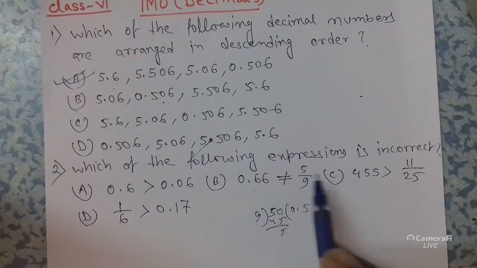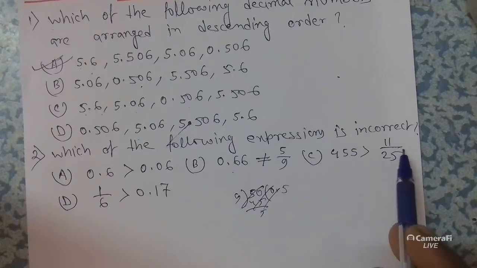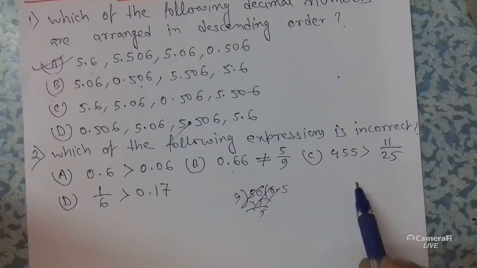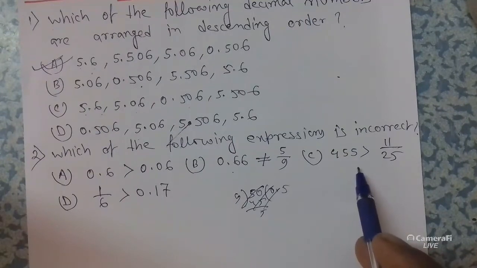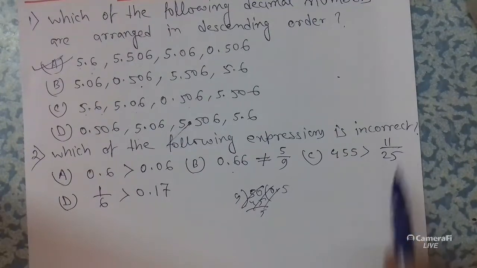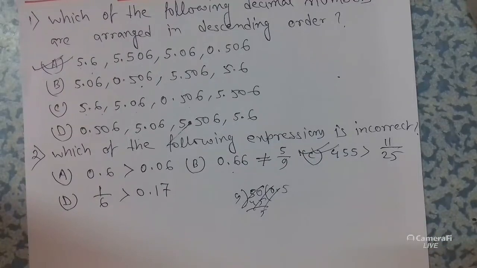So it is also correct. Next one is 4/5 greater than 11/25. Yes, it is correct, students. 4/5 is always greater than 11 by 25. It is a correct option.